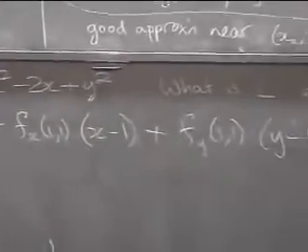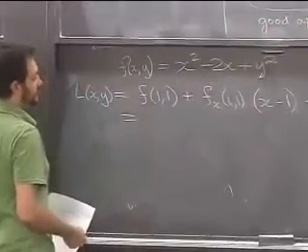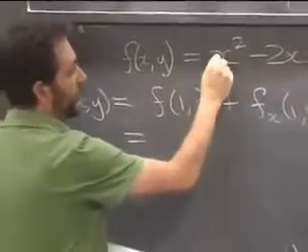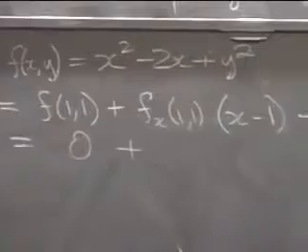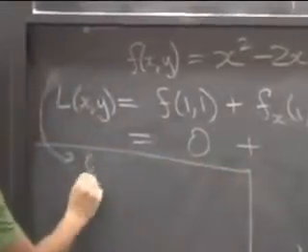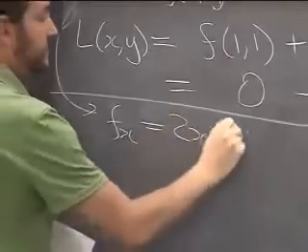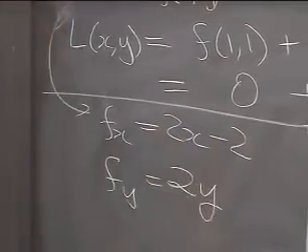Okay, but as it turns out, we just need to plug in, well, we need to find the derivatives first. So here's f. We can actually plug in 1, 1. We get 1 minus 2 plus 1 is 0. Let's just come down here, take a little working column, and work out what fx is. It's 2x minus 2, and fy is just 2y. We kind of worked that out before as well.